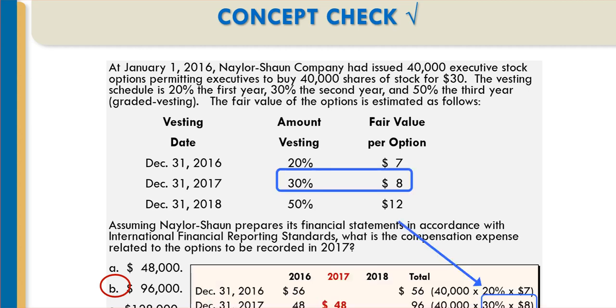So hopefully, I can't get it all on the slide, unfortunately, but I would say in 2016, you are going to have all of the 20%, 8,000 times 7, or 56. In 2017, you're going to have half of the 12 times 8, or 96, right?